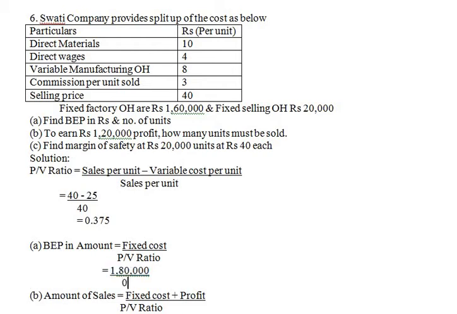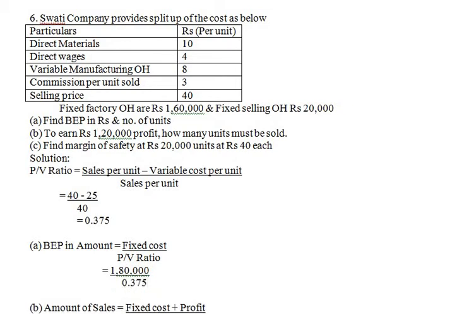PV ratio is 0.375. Okay, so that will be equal to 4,80,000 in amount.